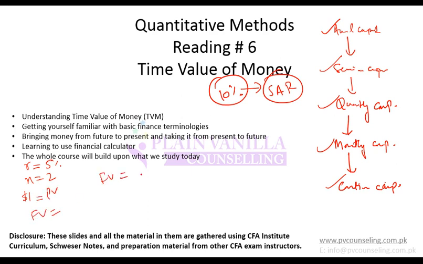Future value will simply be 1 multiplied by 1 plus R to the power 2. So future value after 1 year would be 1.05 squared, which is 1.1025. So if I invest $1 today, it will become 1.1025 at the end of the first year.